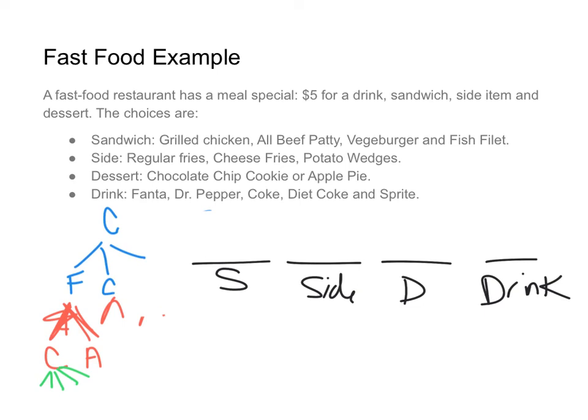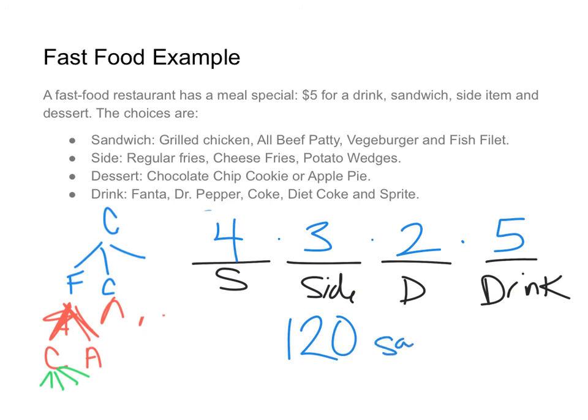There's 4 different sandwiches, 3 different sides, 2 different desserts, and 5 different pops. And so we would multiply all of those together. So we would have 120 different options of this meal special, and that would be our sample space, our number of outcomes possible.